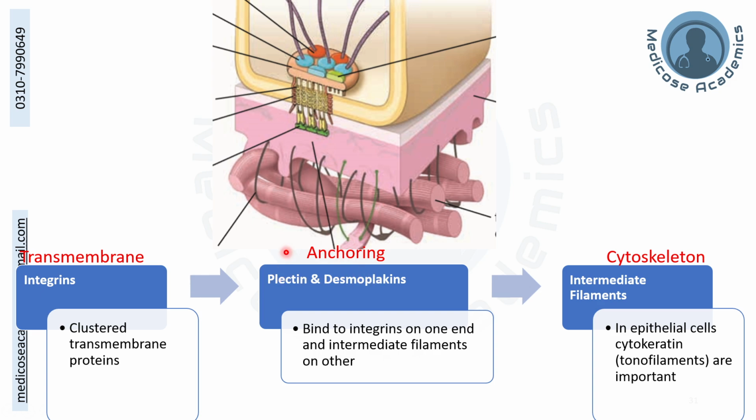Desmoplakin and plectin are important here. In the desmosome there were plakoglobins and desmoplakins; here there are plectin and desmoplakins. If you don't memorize the names, don't worry, at least memorize that there is an anchoring plaque between the integrins and the intermediate filaments.